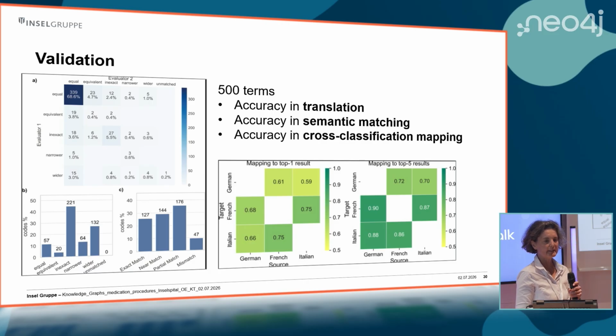So when we validated the results, which we had to do manually, we compared the accuracy of translation, semantic matching and mapping, and also compared the different translations of the languages, which was quite challenging, of course, with the Swiss procedure catalog, as we had 3 languages involved. And what we could show is that with this fully automated mapping by term similarity, we only got very moderate results.